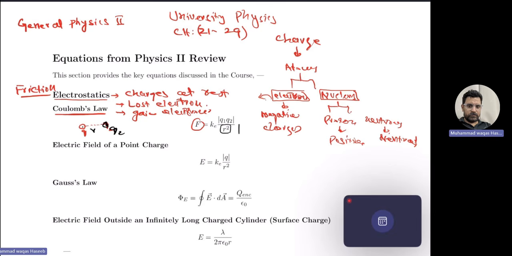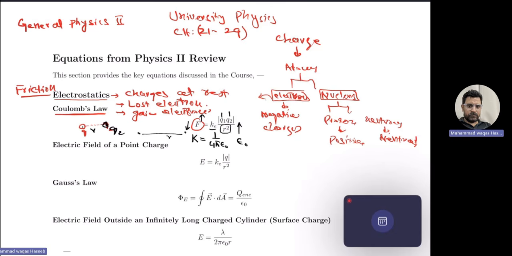If we increase the distance between the charges, which means we are increasing r, the force is decreasing. If we increase the charges, it means we are increasing the force. And k is a constant which is nothing but 1 over 4 pi epsilon naught.